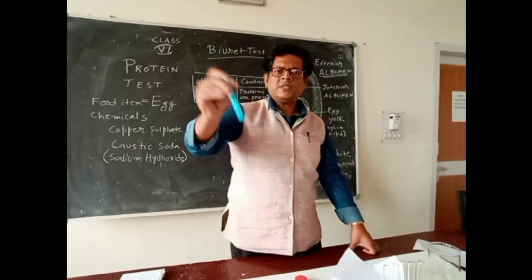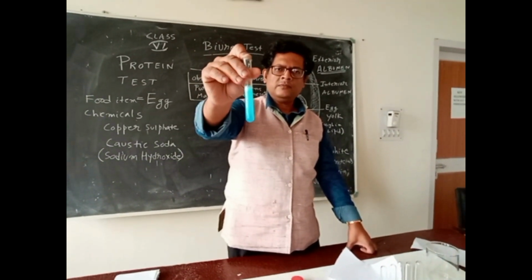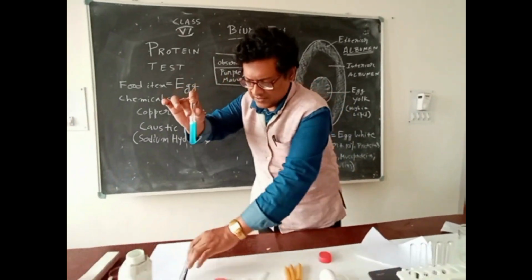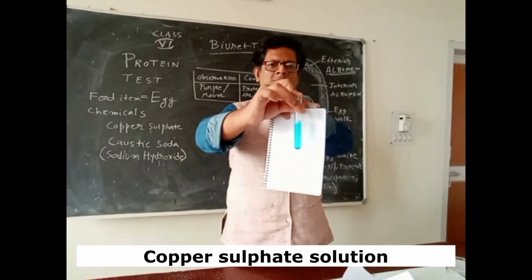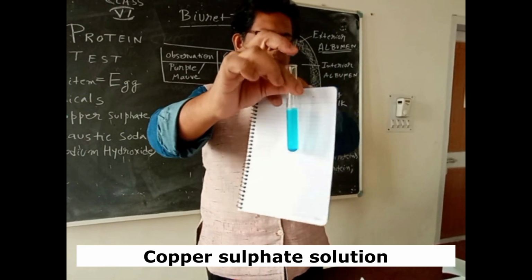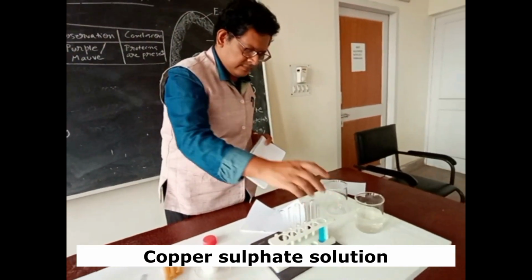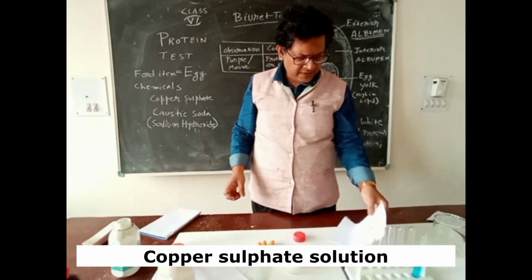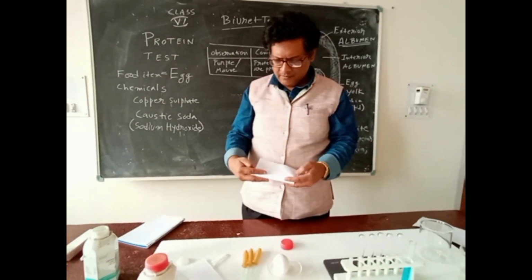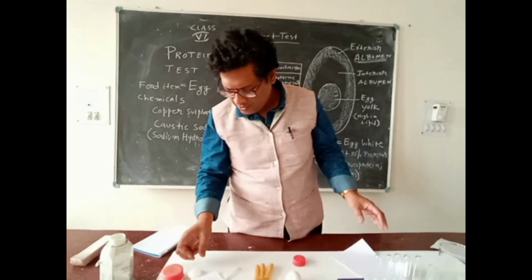Now I get the copper sulfate solution. Okay, you can see the color, copper sulfate solution. Then I have to prepare the sodium hydroxide solution.